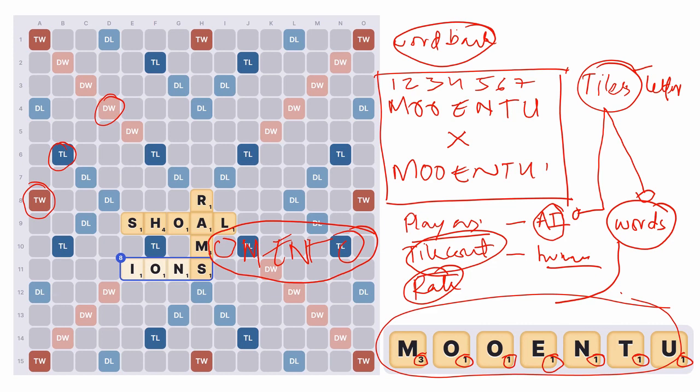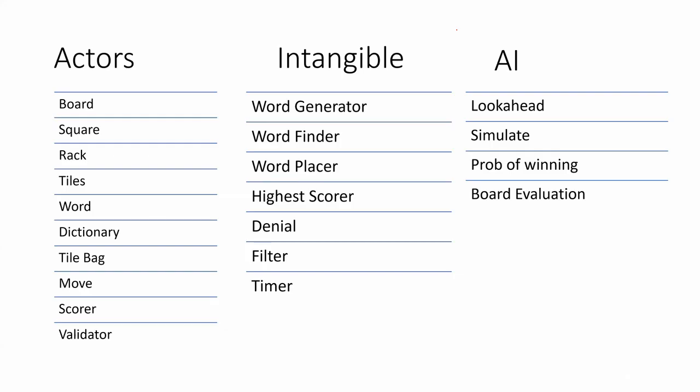So if I move on to the next slide, you will see that there are multiple components and variations here, right? So आपकी जो लिस्ट थी उस लिस्ट में से कौन कौन से आइटम्स हैं जो यहाँ पे कवर्ड हैं. तो हमने बोर्ड कवर कर लिया, we covered the board, so this is there. स्क्वायर कवर कर लिया आपने, रैक कवर कर लिया, टाइल्स कवर कर लिए, वर्ड कवर कर लिया, डिक्शनरी कवर, टाइल बैग कवर.